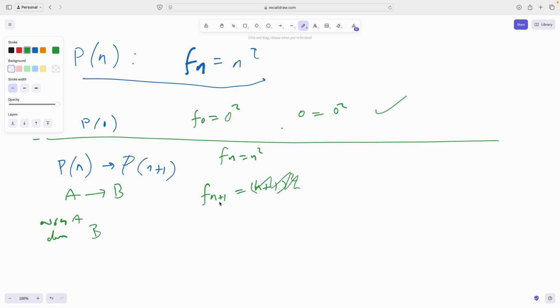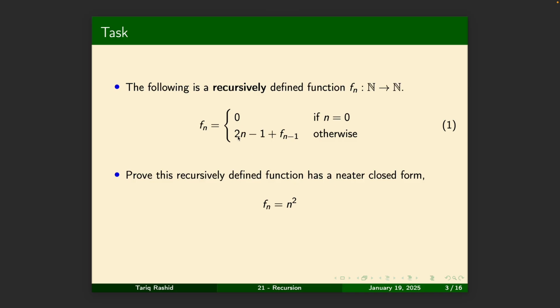It tells us that Fn plus 1 is 2 times n plus 1 minus 1 plus Fn. That's from the definition. So if we plug n plus 1 in, Fn plus 1 is 2 times n plus 1 minus 1 plus Fn, because Fn minus 1 applied to n plus 1 is Fn.